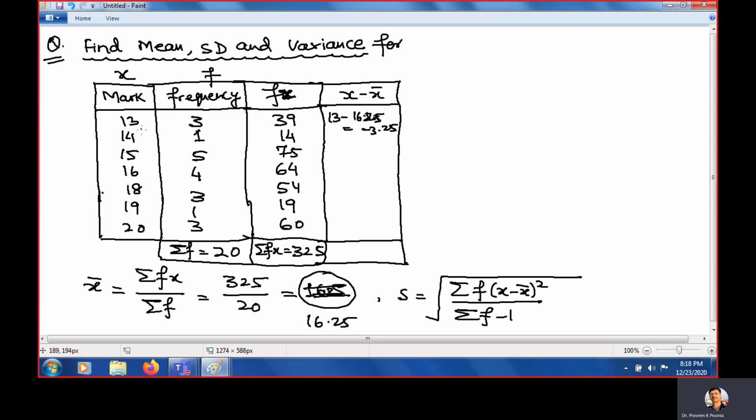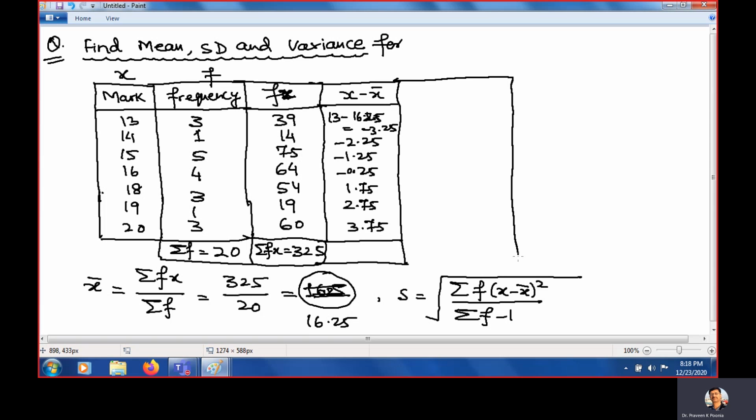Now 14 minus 16.25 is minus 2.25. Then minus 1.25. Then minus 0.25. Then 1.75. Then 2.75. And if you subtract 20 minus 16.25, it will be 3.75.